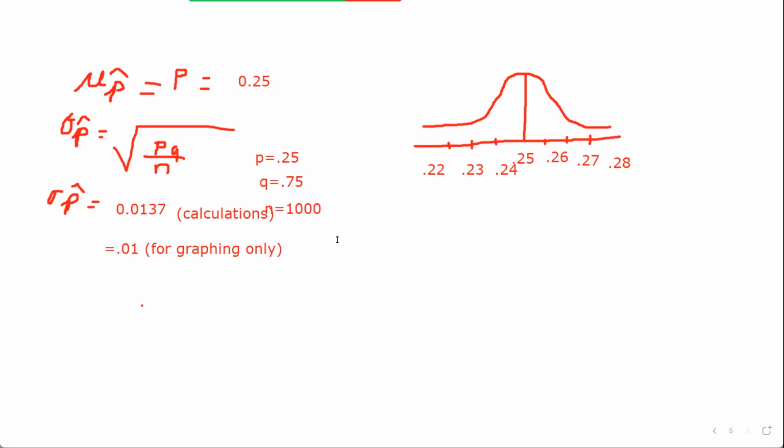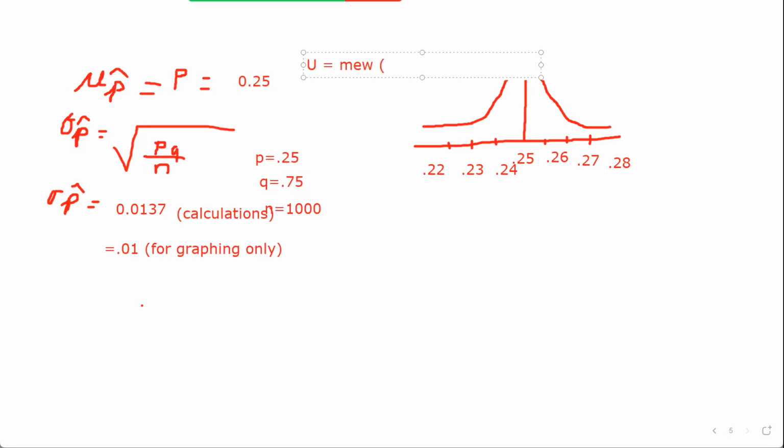Any questions about this? No, it's more clearer now, now that you put the, I always forget their names, but this is called mu of p hat. I'm going to give you a little secret. This mu is from the Greek alphabet. That's why it looks weird. It's pronounced mu.